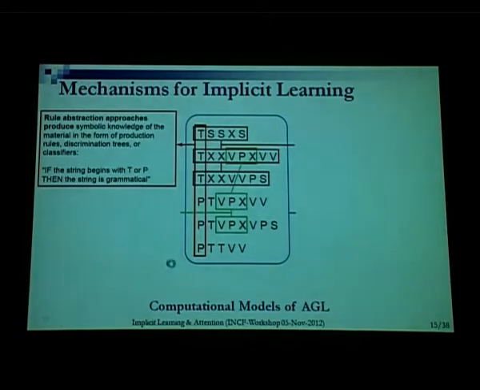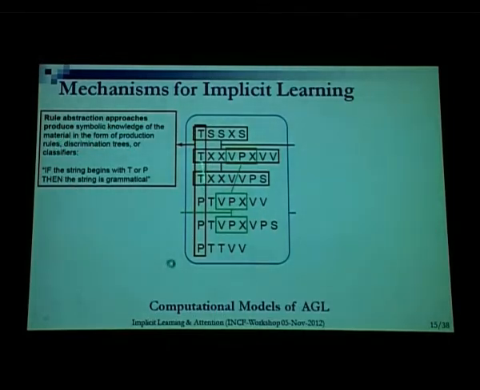The first one is the rule abstraction approach. Basically, given these strings, you have a learning algorithm that picks up regularities, rules within this. So some sort of symbolic knowledge is generated in the form of production rules or discrimination trees or a classifier.